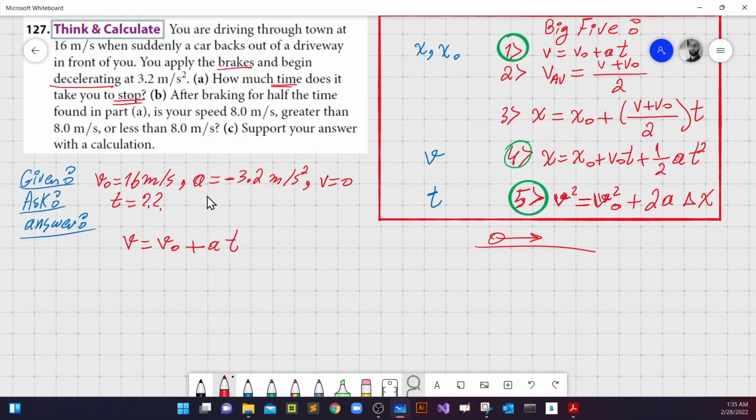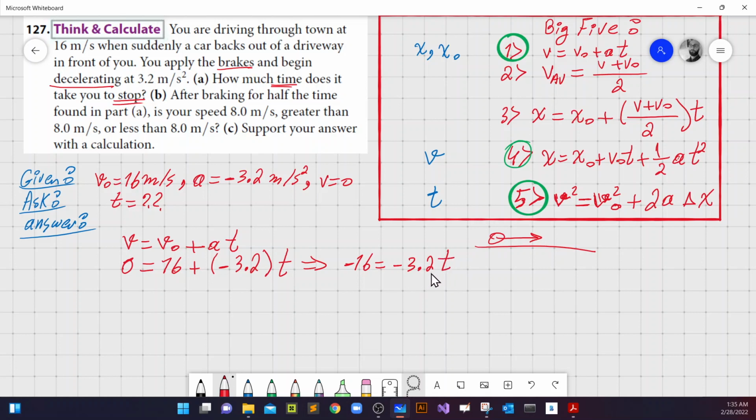The final velocity is 0. Sorry, the initial velocity is 16, and the acceleration is negative 3.2. Time is the unknown. We're going to move 16 to the other side, so minus 16 is equal to minus 3.2 t.